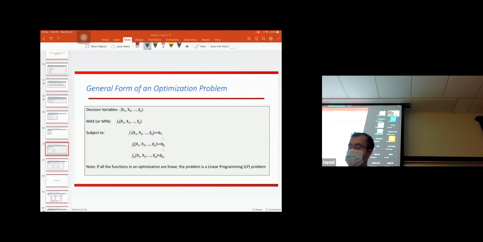Then there is a min or max function, so you either try to maximize your profit or minimize your cost. And we are subject to some resource limitations, for example, oil, time, budget. We show our resource limitations after 'subject to'. But no worries, after a few sessions, it will make a lot of sense. Right now it might be a little challenging.